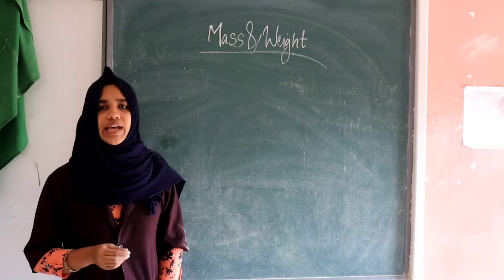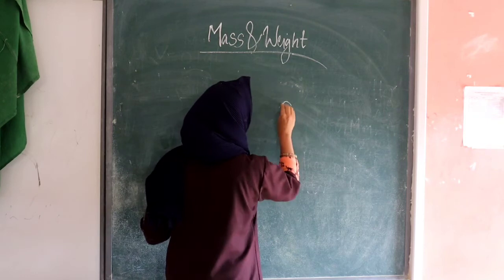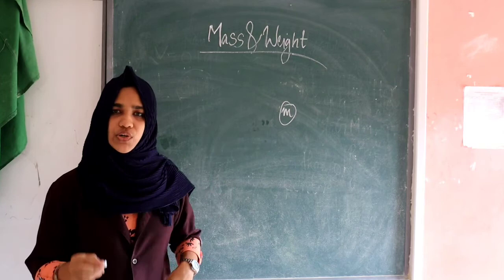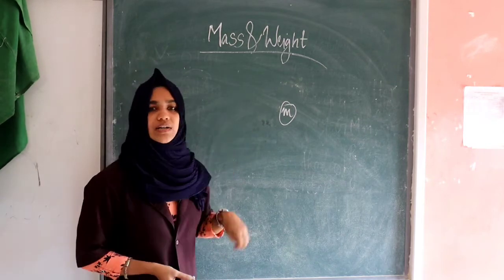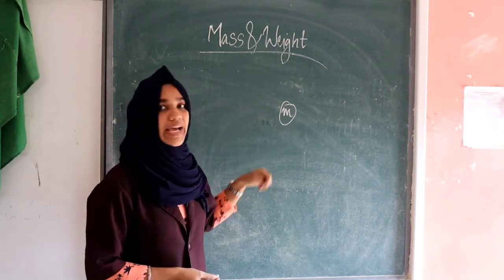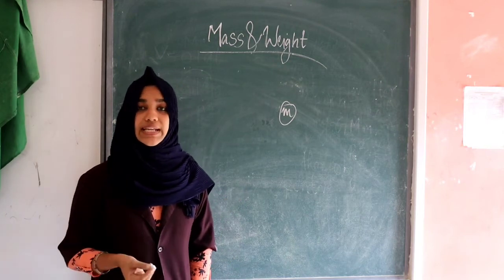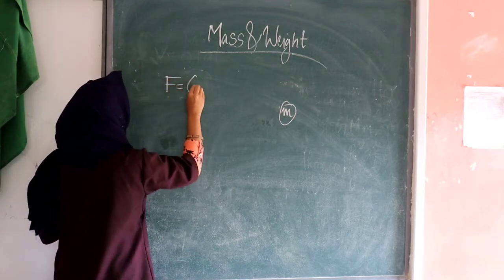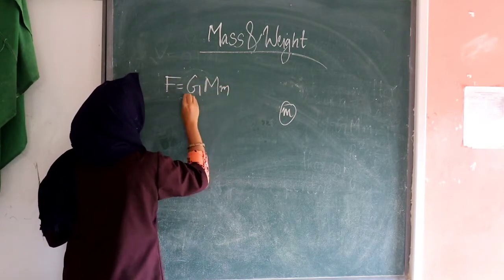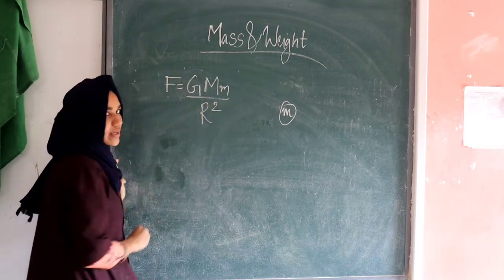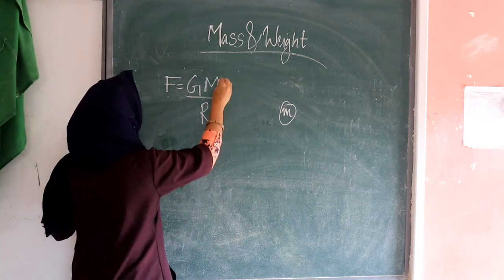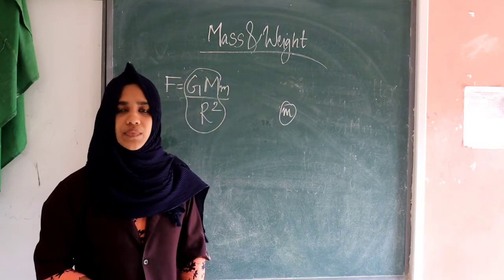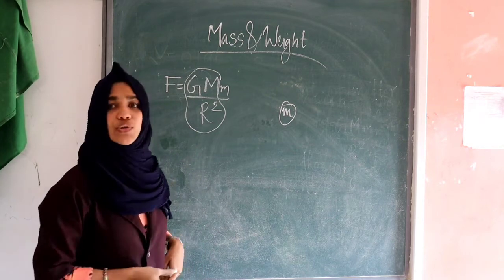Consider an object of mass m kept on the surface of earth. Then how can we write the force of attraction acting on that object? We studied that equation in the last class, that is F equal to G M m by r square. What is this GM by r square? What is the formula for acceleration due to gravity?